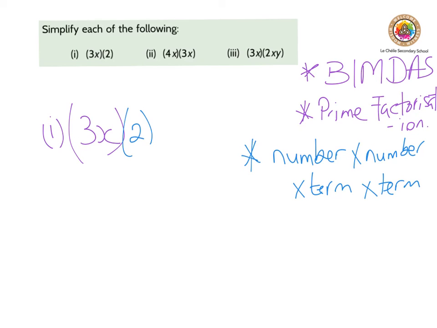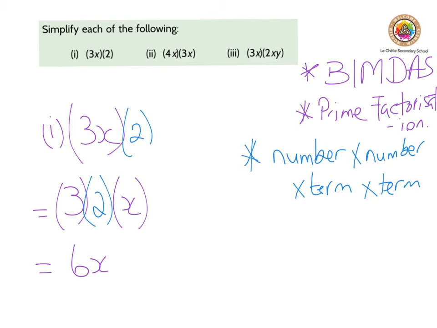That's how we would rewrite it. So here, when I'm doing question 1 here, I'd have 3, first of all. Then the next number I have is the 2, and then I have the variable, okay, which is the x. So I would say, well, 3 by 2, that gives me 6 by x is 6x. And that's my answer. Very simple, very straightforward.